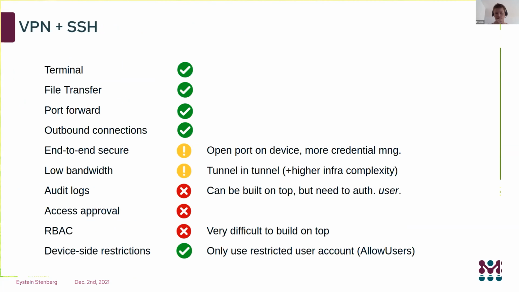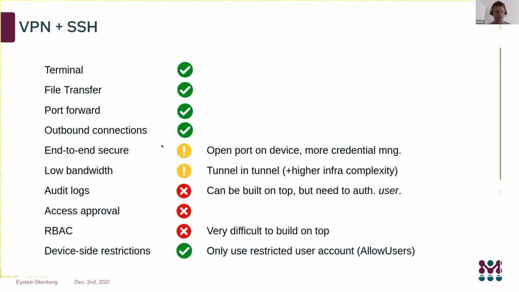So if we look at the total use cases and requirements I mentioned earlier, this is how the coverage is for VPN with SSH. It will cover the core use cases. You do have one port to worry about on the device. If you configure it correctly, it will not be exposed on the local network. But if you don't, it might, so you have to be a bit careful.